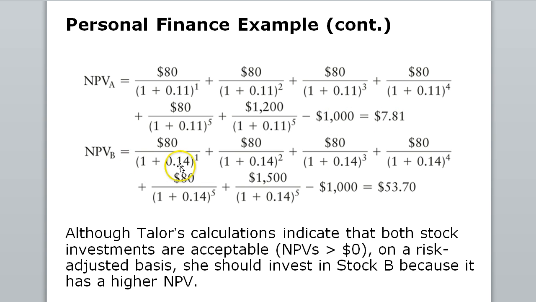On stock B, which is riskier, she's dividing each of the cash flows by 1 plus the 14% to the power, and then the $1,500 at the end when she sells the stock, minus the $1,000, gives you a $53 net present value, saying that stock A is not the best choice. Stock B would be a better choice, even though it's riskier, because when you sell it, it's going to have appreciated more at the end of the 5 years.